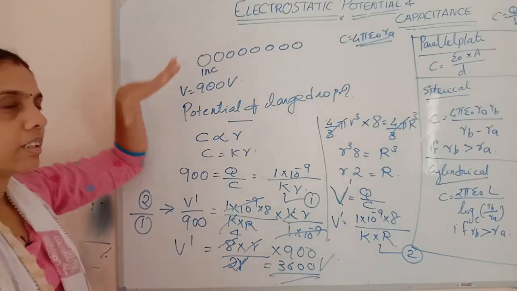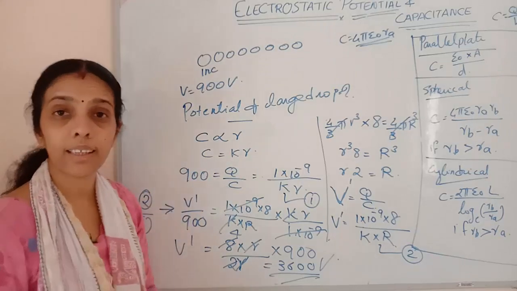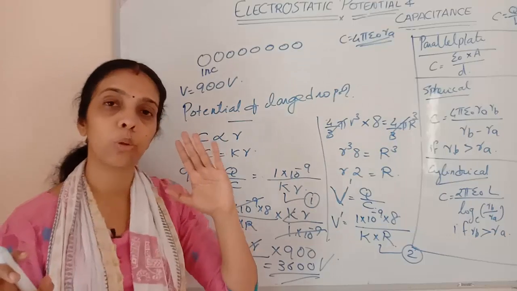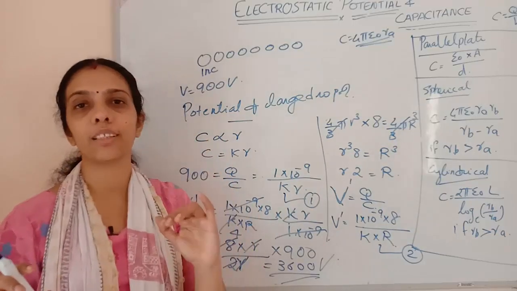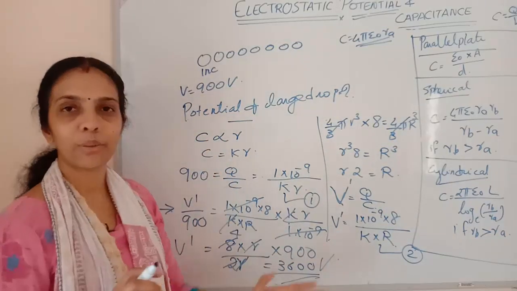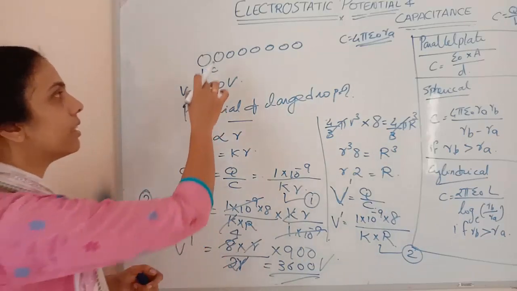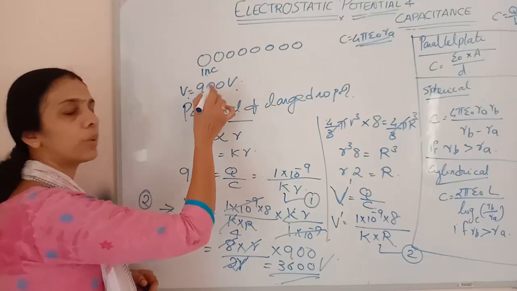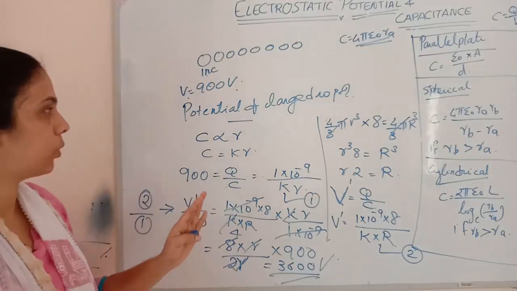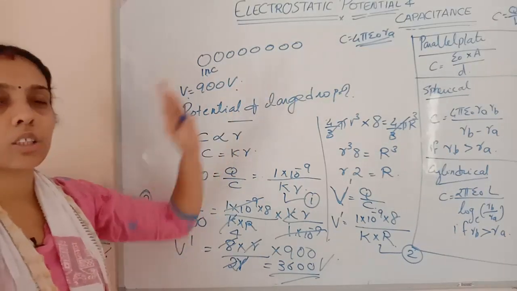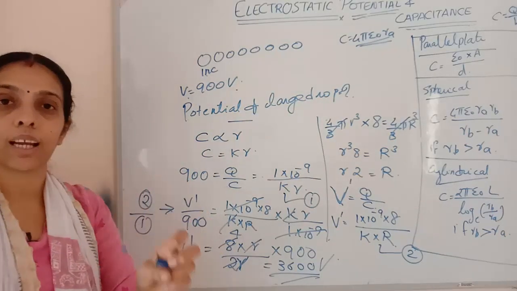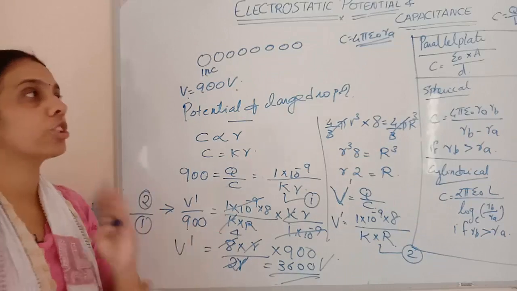So while in the question, nowhere they are telling, only the capacitance is directly proportional to radius. That is the only clue which we are getting to find out the potential. Okay, so here one sphere is having 1 nanocoulomb charge and each one is having a potential of 900 volt, and potential of large drop we should find out, but in the question itself they are telling, assume that the capacitance is directly proportional to radius.